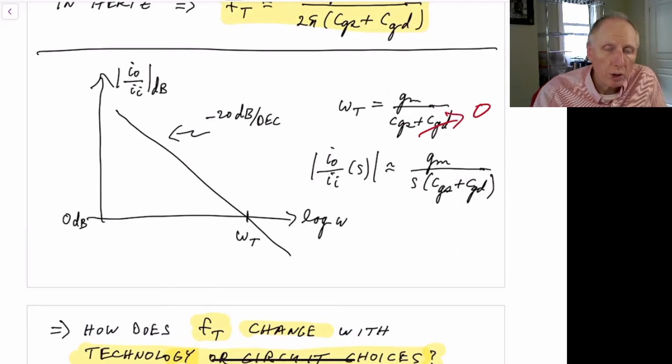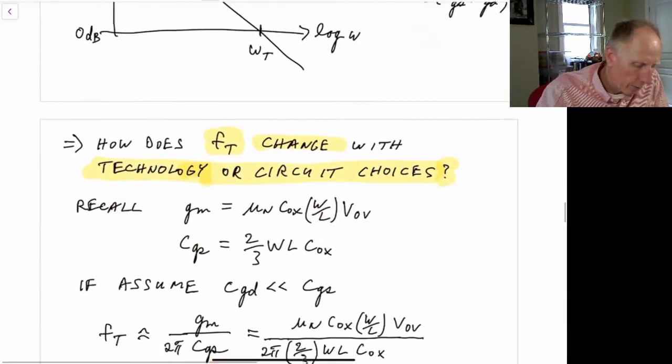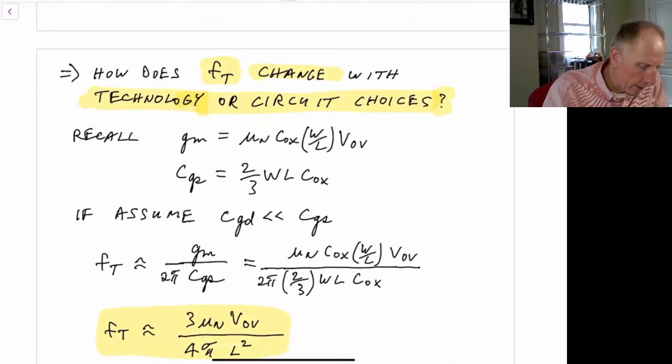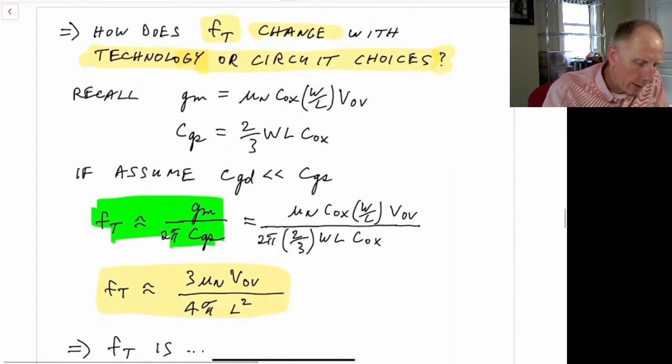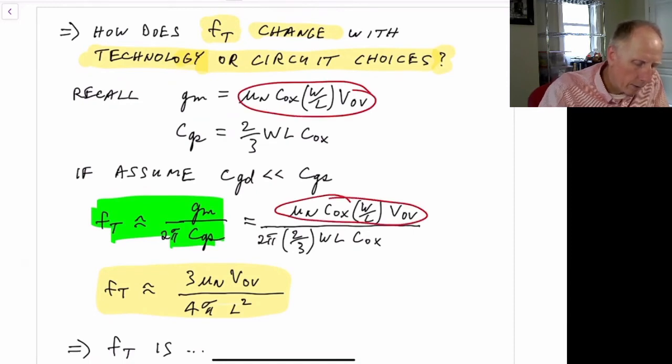So we assume that CGS is much greater than CGD. If we do that, we can rewrite the equation as shown here. Substitute in GM, which will be here, and substitute in CGS, which will be here.